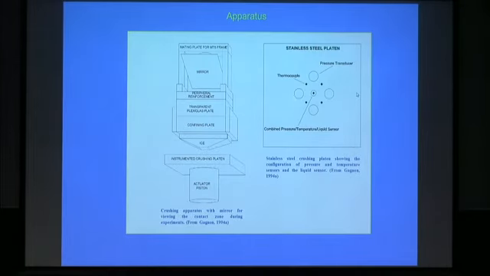And now I'd like to mention a few types of apparatus that have been used to study ice crushing. This is a laboratory apparatus where you have a crushing platen that pushes against an ice sample held in a holder.